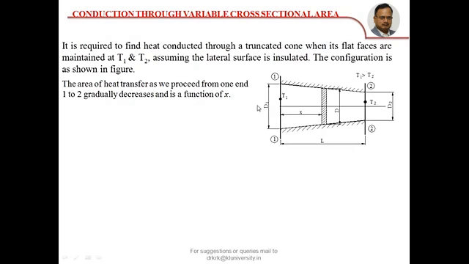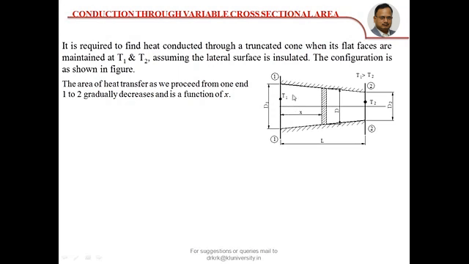Now let us see the equation for conduction heat transfer. Q equal to minus K A dT by dx. What is the A there in conduction? Area normal to the direction of heat flow. So area normal to the direction of heat flow here is pi by 4 into d1 square.